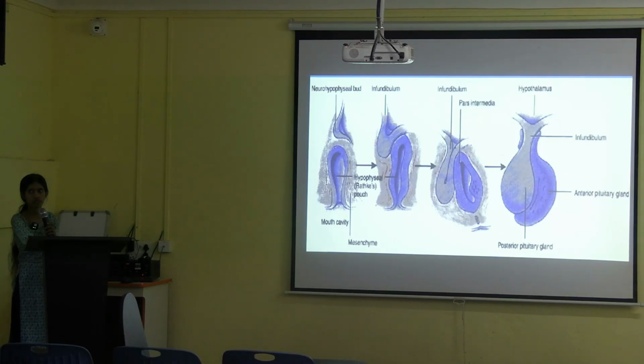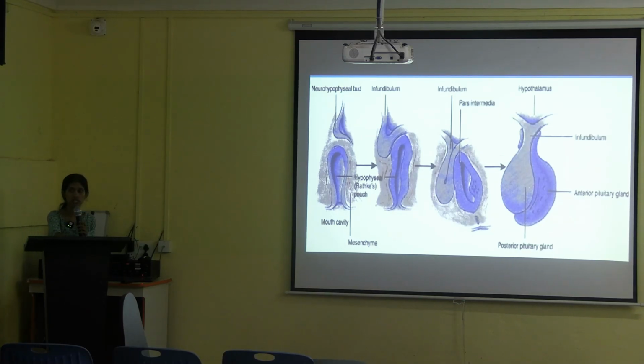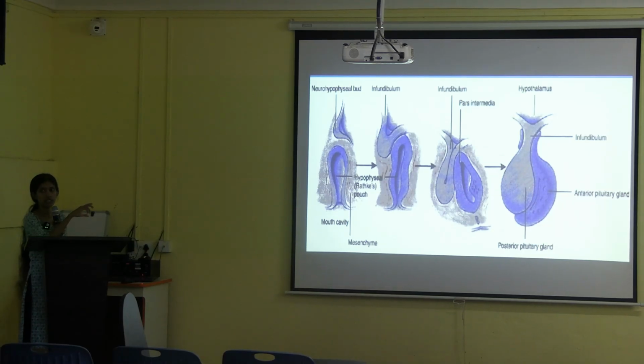Next, pharyngeal hypophysis. So what do you mean by pharyngeal hypophysis? Okay, if you see the diagram, I told you the anterior part is derived from the ectodermal lining of the oral cavity.